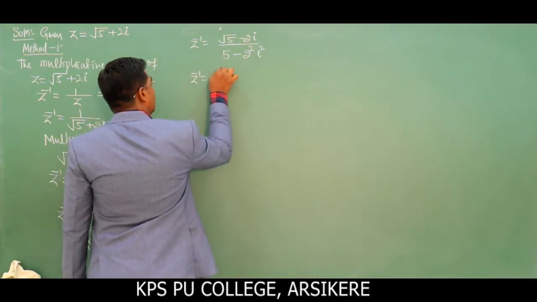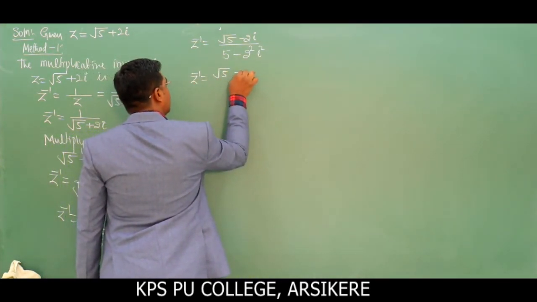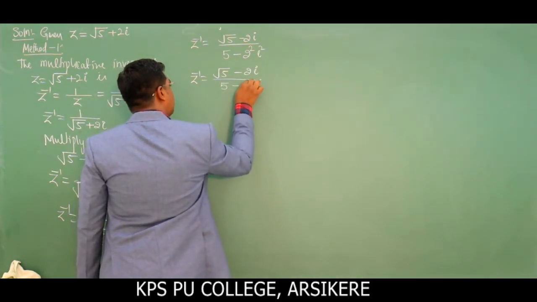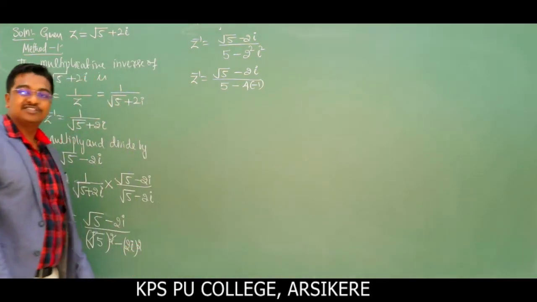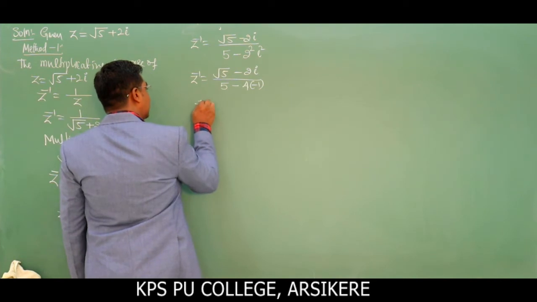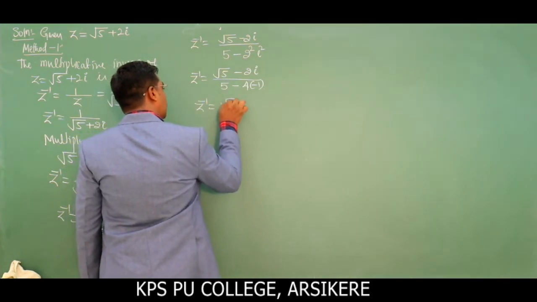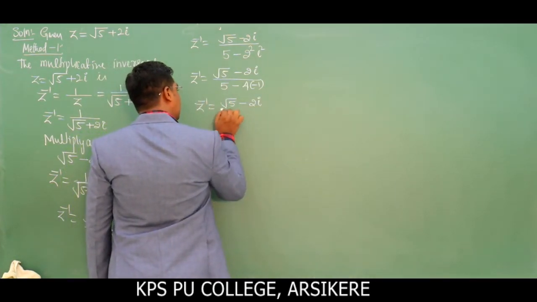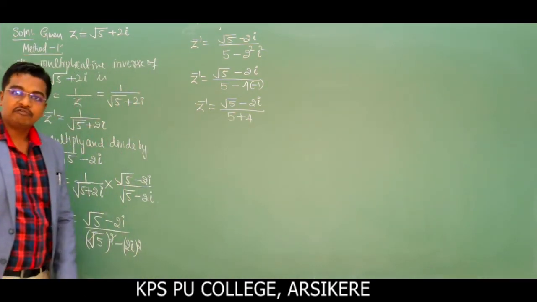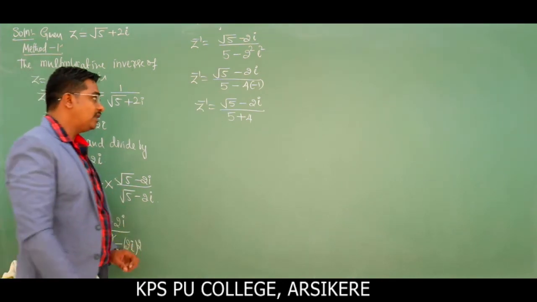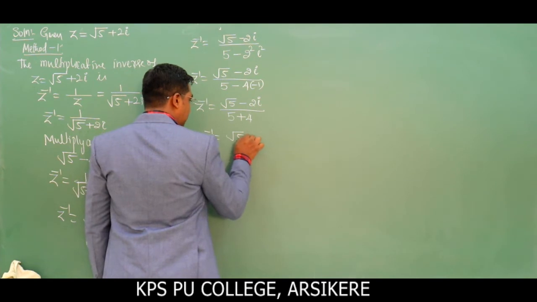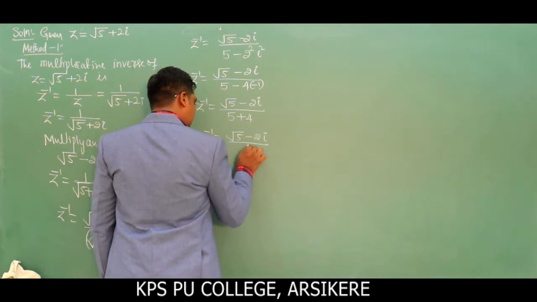Z inverse is equal to root 5 minus 2i whole divided by 5 minus 4 times of minus 1. That is, 2 square is 4 and i square value is minus 1. Z inverse is equal to root 5 minus 2i divided by 5 plus 4. What is the sum of 5 and 4? This is 9. So z inverse is equal to root 5 minus 2i divided by 9.